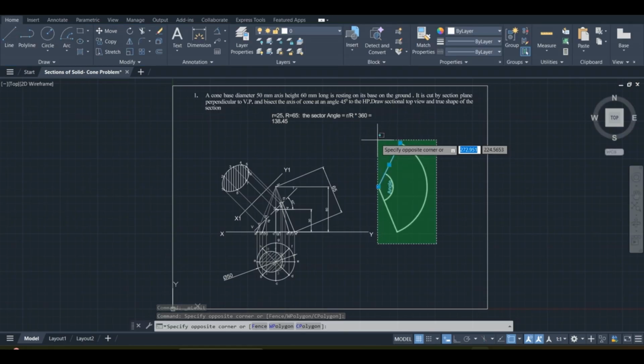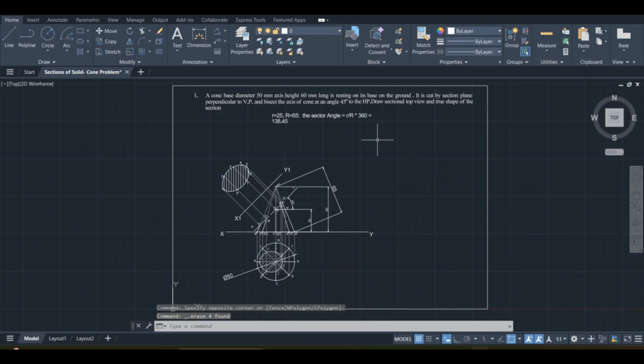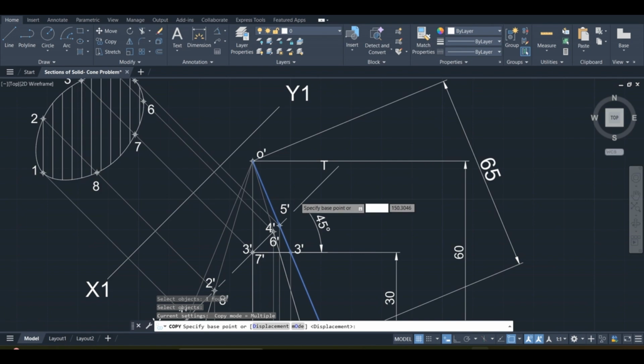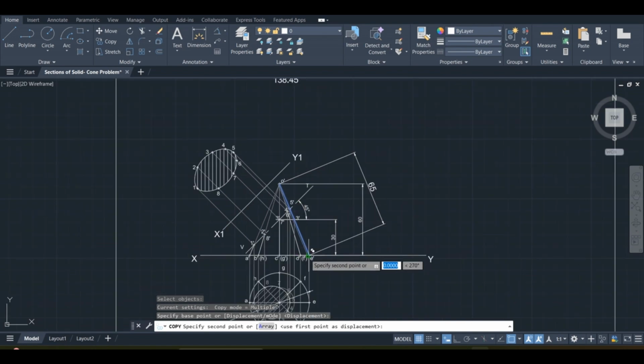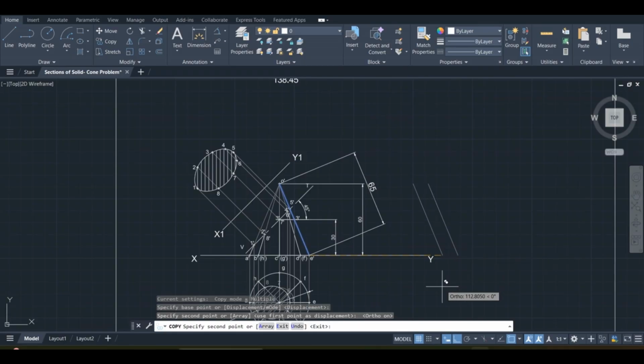So now see the construction of the development of lateral surface of this cone. Take the true length of the generator, or you can take the extreme generator in this problem. Copy, select the extreme generator, select the base point here and place somewhere at your convenient place.